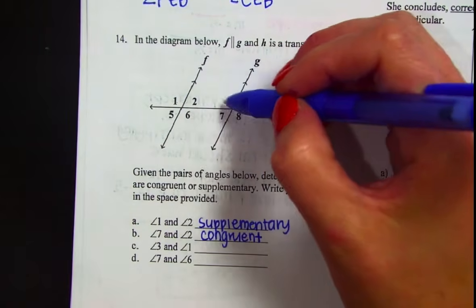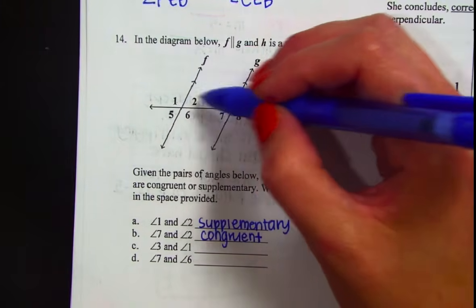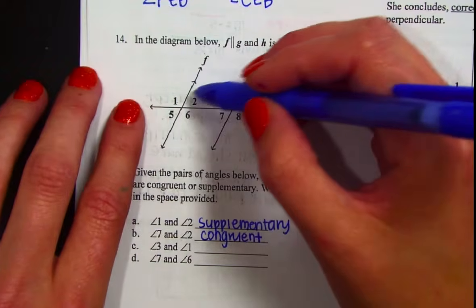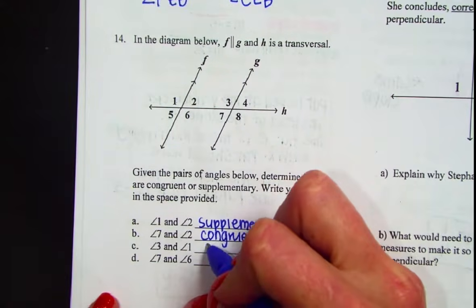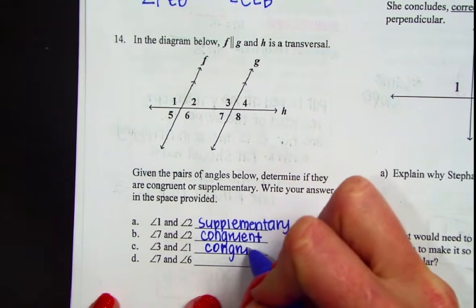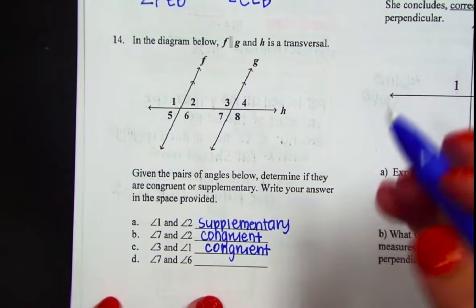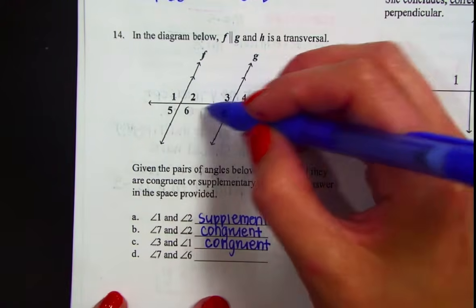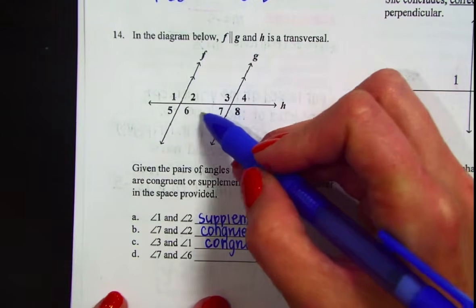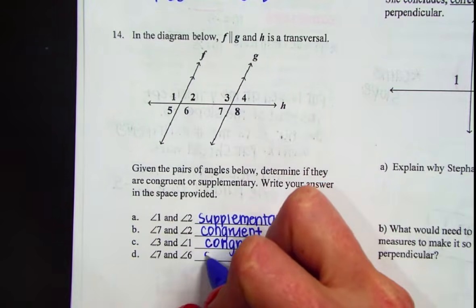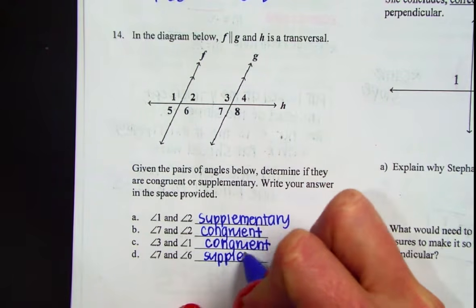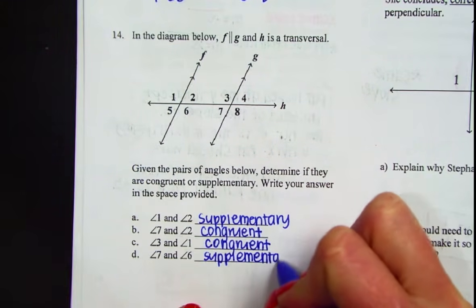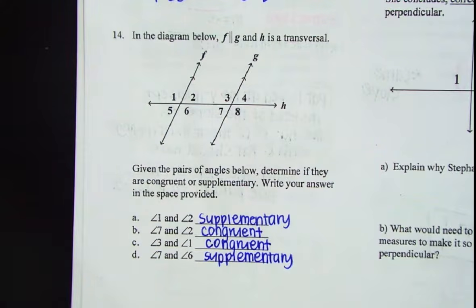Angle 3 and angle 1 are corresponding angles, and by our corresponding angles theorem, those are also congruent. And then angle 7 and angle 6 are same side interior or consecutive interior angles. Those add up to 180 degrees according to that theorem, so those are also supplementary.